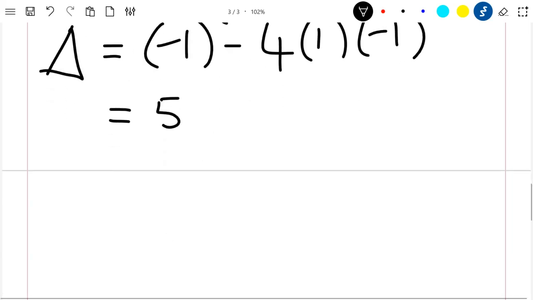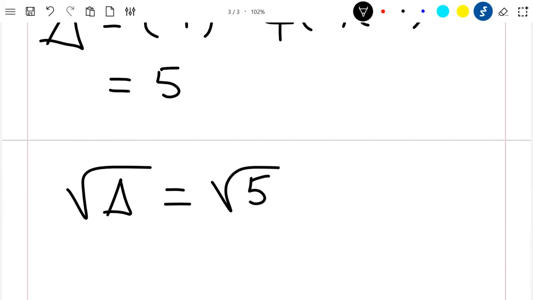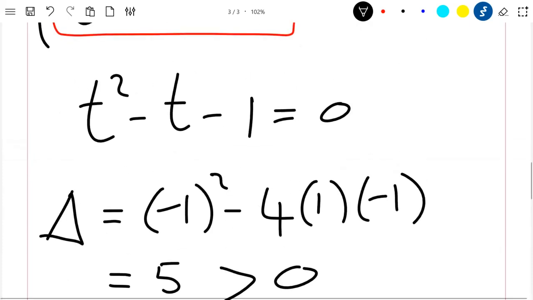So the square root of delta is equal to the square root of 5. As this is greater than 0, this equation has two solutions.